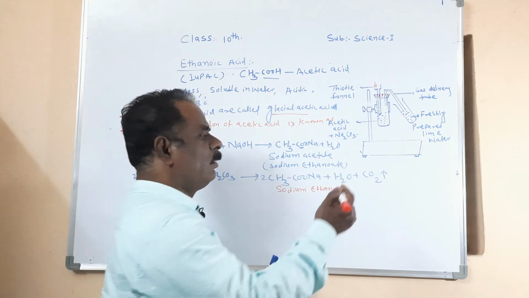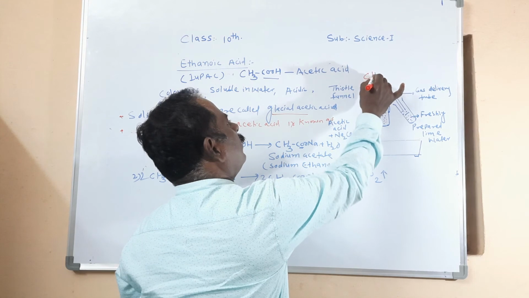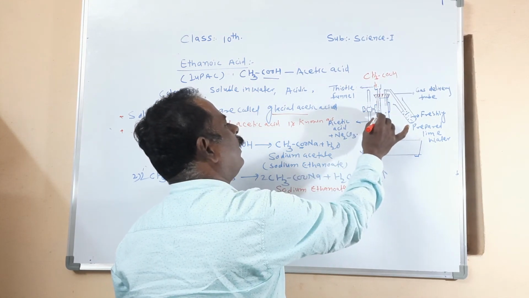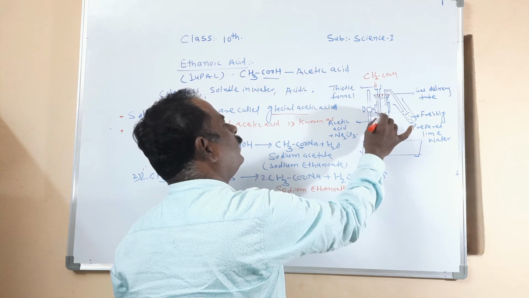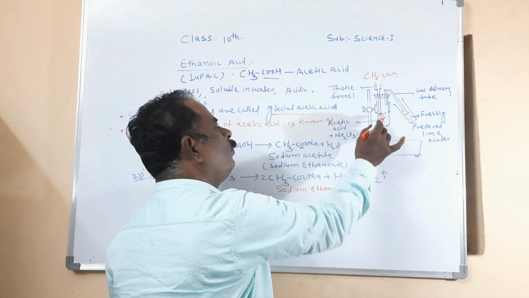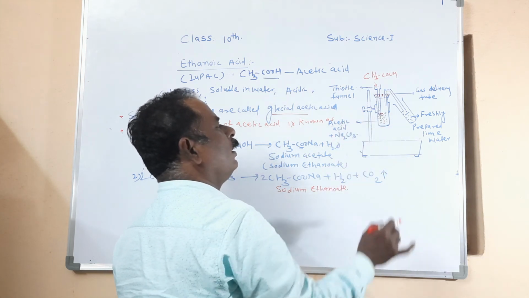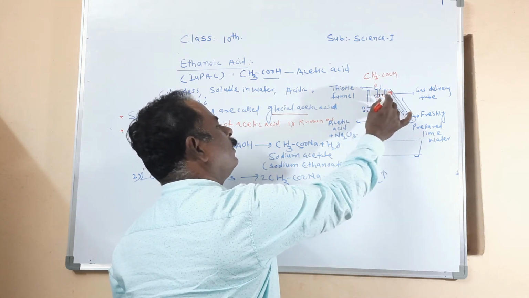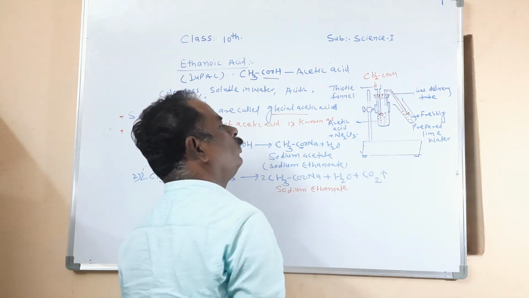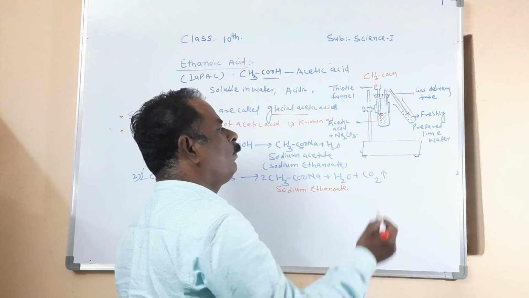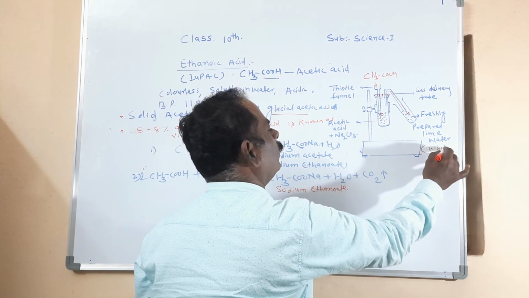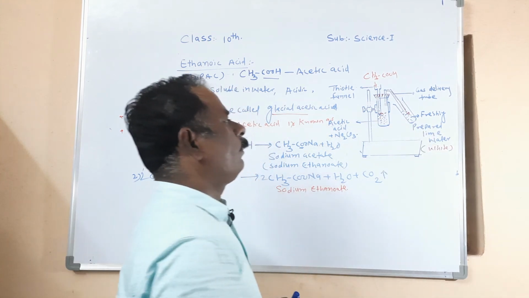Then add acetic acid through the thistle funnel until the inner end of the thistle funnel is dipped in the acetic acid. After a few minutes, the gas is evolved and comes through the gas delivery tube into the lime water, forming a white color.